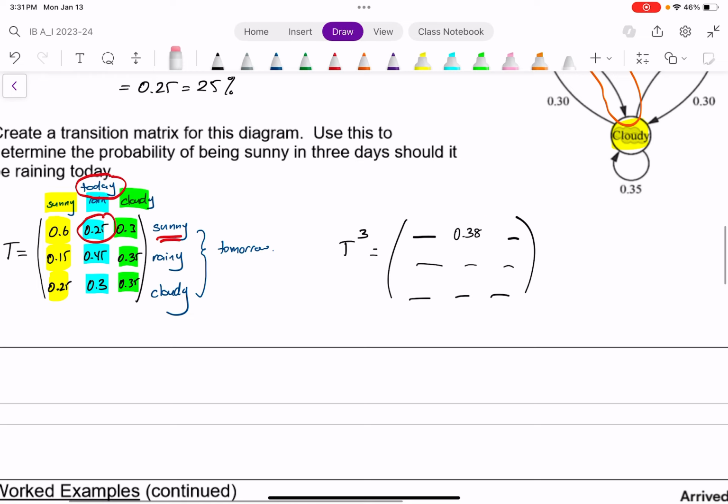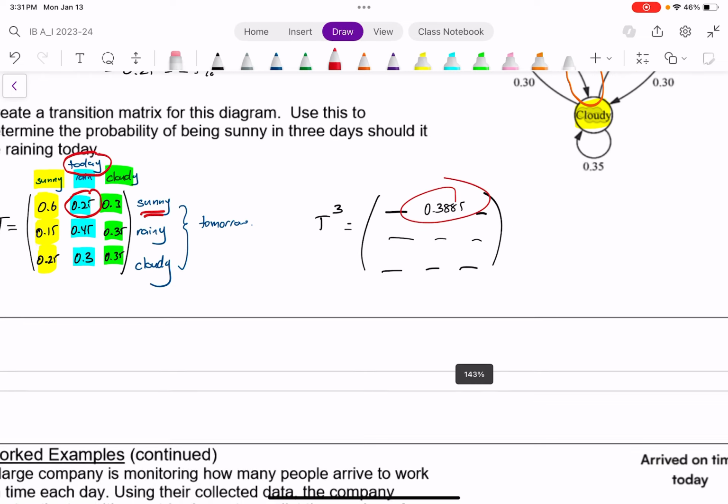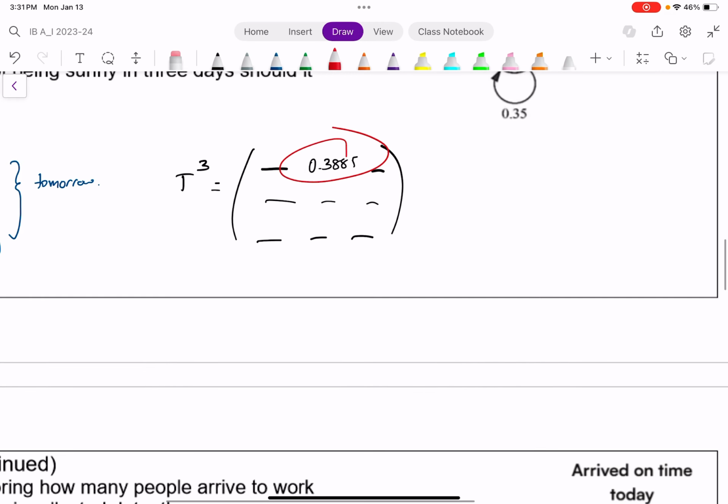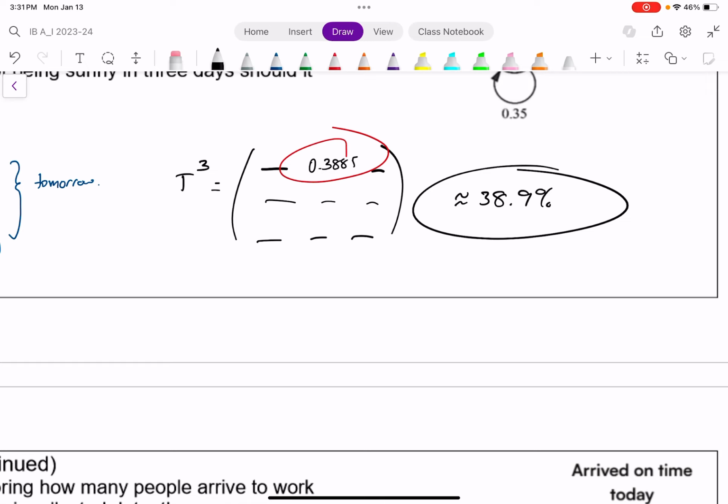And so the probability that it will be sunny in 3 days if it's raining today is approximately 38.9%. All right, and keep in mind that was on the transition matrix raised to the power of 3, that was row 1, column 2.